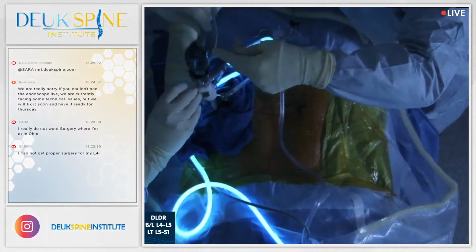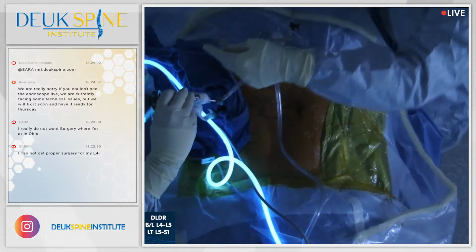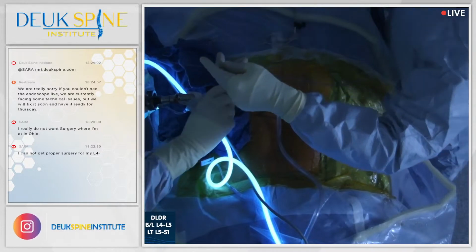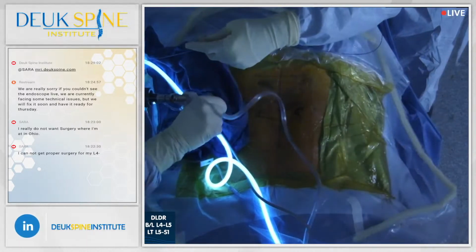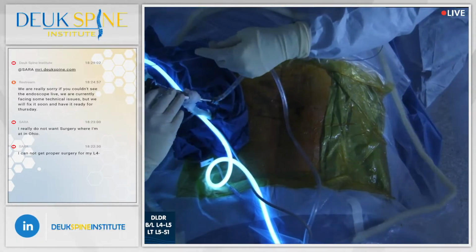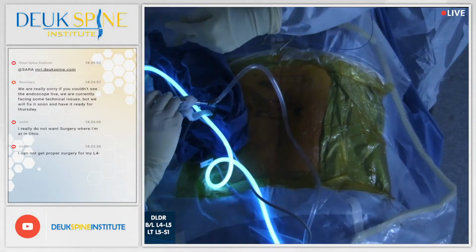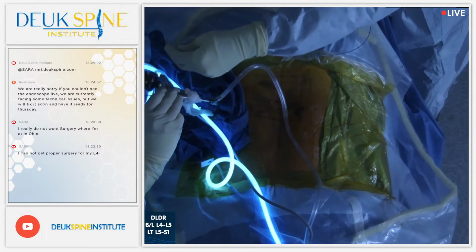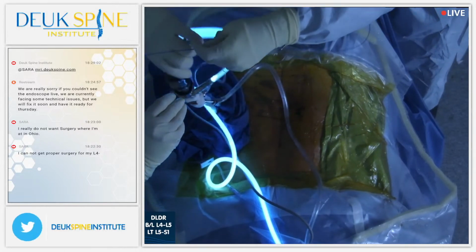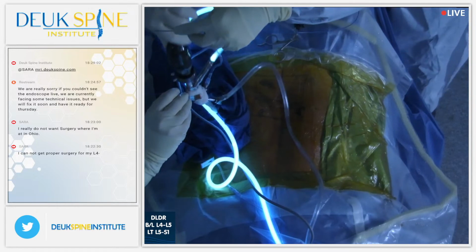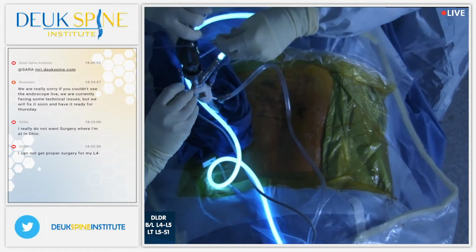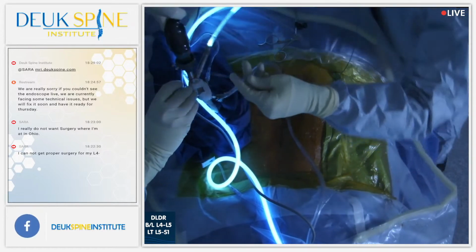All right, any questions for our team? No questions? See the granulation tissue? Grabber.